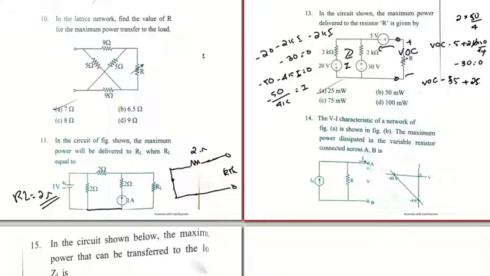So plus 25 equal to 0. So VOC equal to 10 volt, and I got VOC and RTH.